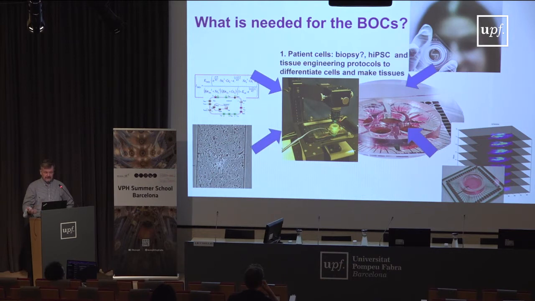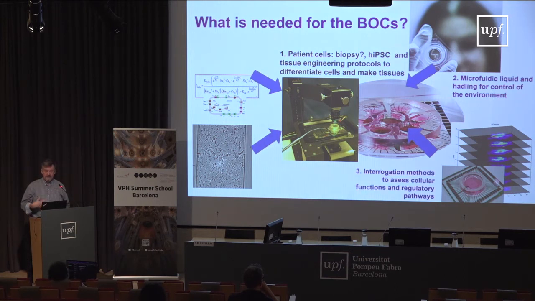But just the components of these body-on-chips. Of course, first we need the cells and to grow them. They can also be harvested from the human, but that's quite rare. But induced pluripotent stem cells are one of the most important sources. Then there's really the microfluidics to control the environment. They are fluidics, but also oxygen and other areas.